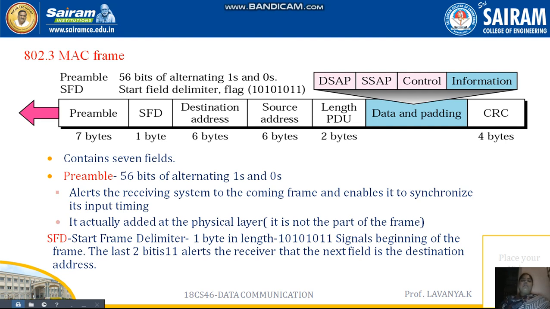Then our preamble is going to alternate the 56 bits of data in the form of zeros and ones.